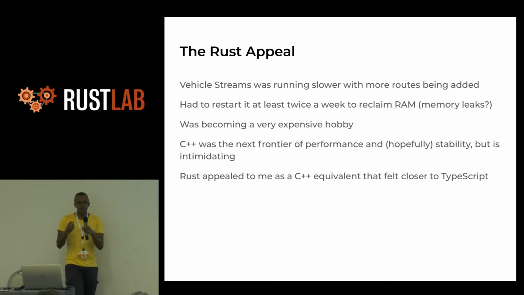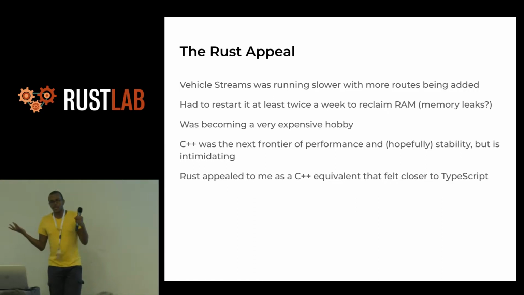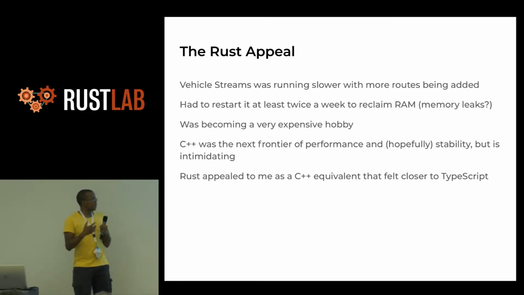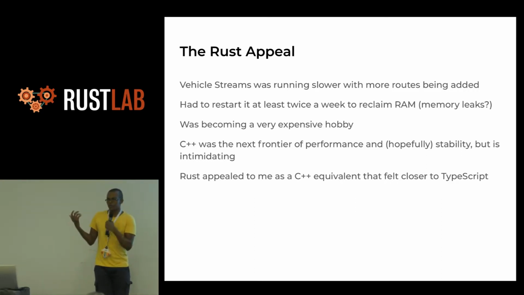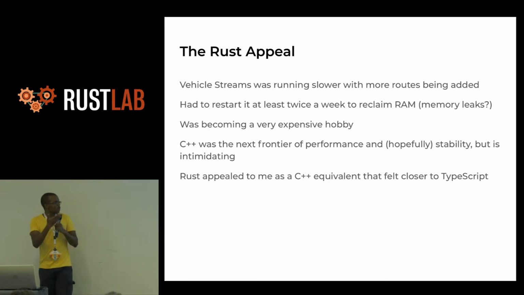So TypeScript being in the middle of thou shalt have types, and we don't really care, was quite great. And I found Rust to be like that. I don't need to follow the 11th commandment of thou shalt have a type. I can just sort of wing it and see what happens. So it felt closer to that, and it became quite easy for me to adopt it and try it out.